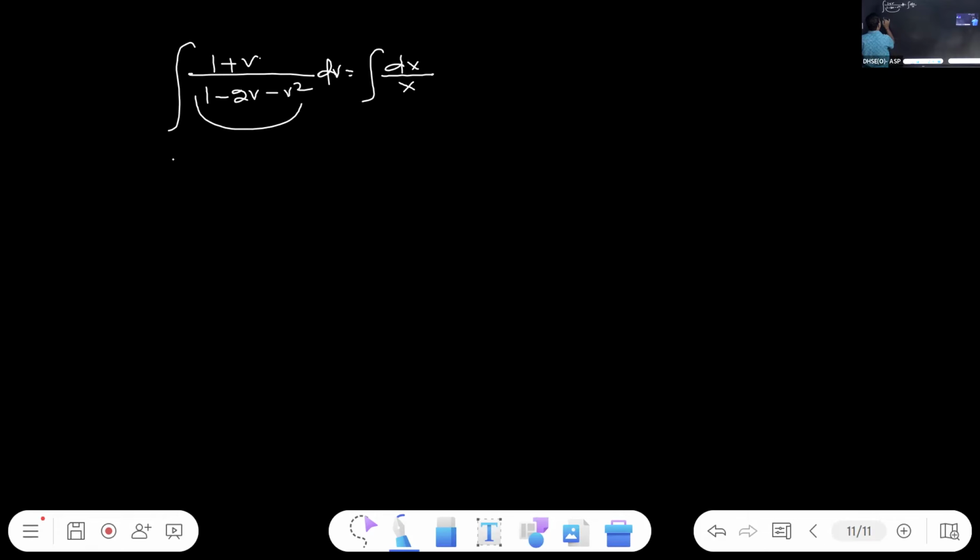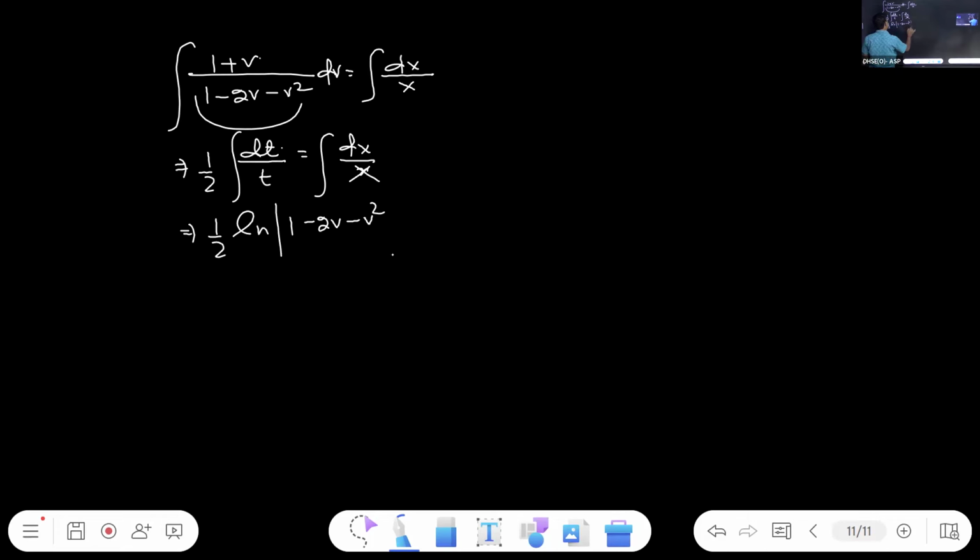So dt by t, half dt by t, integral dx upon x: half ln t, where t is 1 minus 2v minus v square, is equal to ln x plus c. v is equal to y by x.